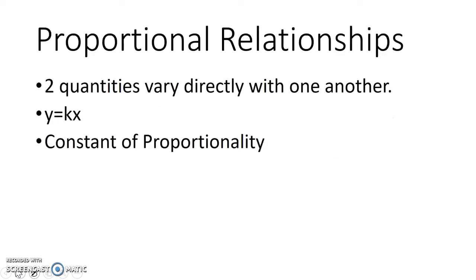First, proportional relationships are those that have two quantities that vary directly with each other. What that means is if I use this equation, where y is your dependent variable and x is your independent variable, k would be your constant of proportionality.